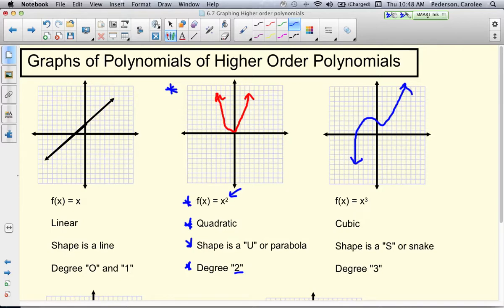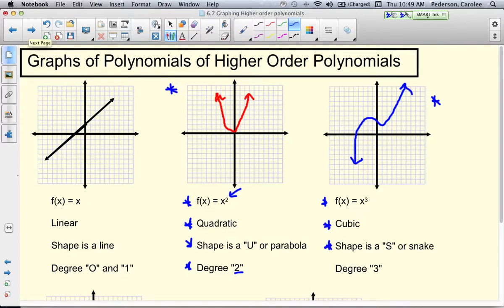The next graph is the shape of a snake. So here's what a snake shape would look like. The function equation would look like f of x equals x to the third power. We call it a cubic function. Its shape is an S, or you can also refer to it as a snake.